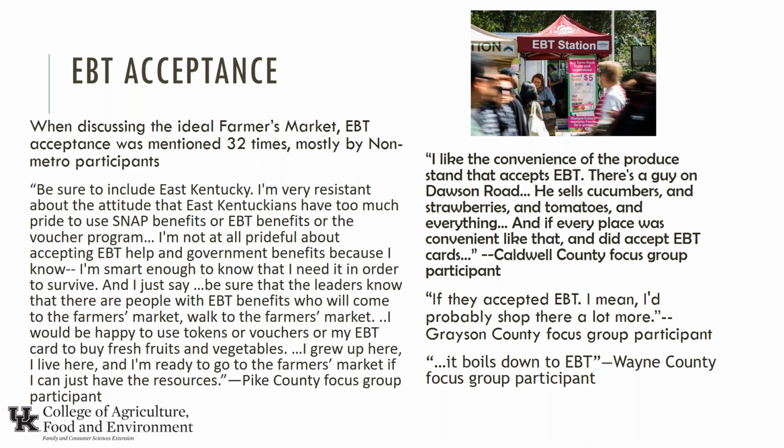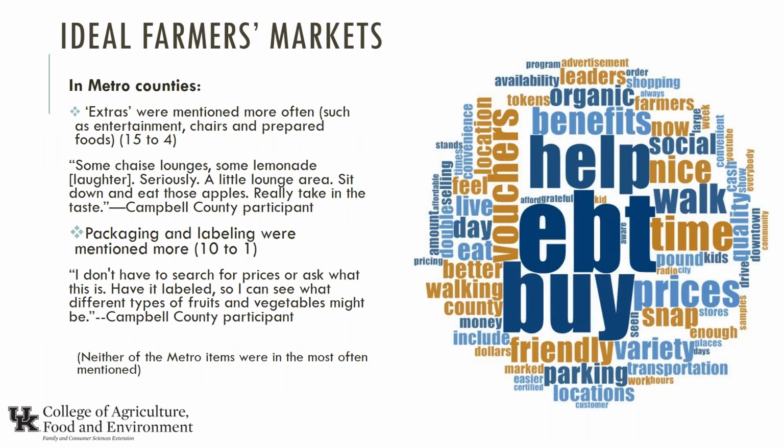So here's a little bit more. When discussing the ideal farmers market, EBT acceptance was mentioned 32 times, mostly by non-metro participants. In metro counties, the things that were mentioned more often were extras like entertainment, a place to sit and socialize, the ability to buy prepared foods, and that kind of thing.